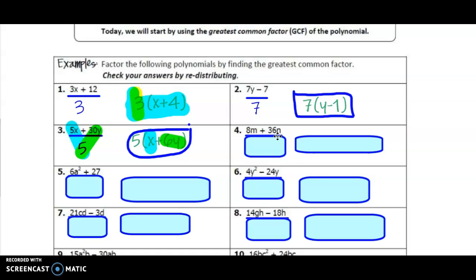So 4 is bigger than 2, so 4 is my greatest common factor. So we write our 4 on the outside of the parentheses, and then I divide each term by 4. 8m divided by 4 gives me 2m. 36n divided by 4 gives me 9n. So that's my final answer.